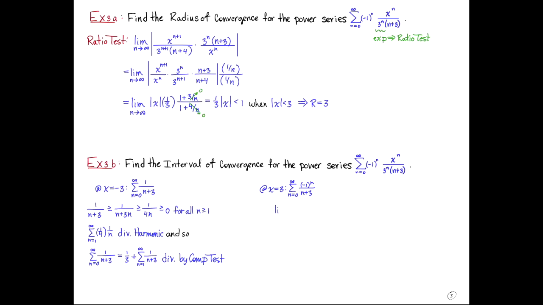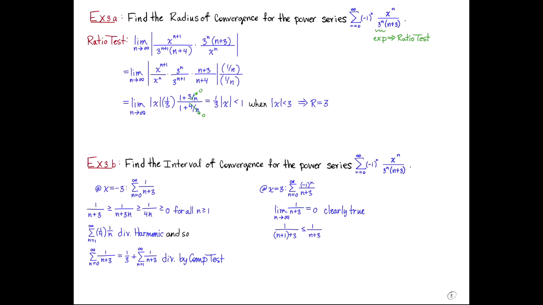The limit, as n approaches infinity, of 1 over n plus 3 is equal to 0. This is clearly true, since we have a 1 in the numerator, and 1 over n plus 1 plus 3 is less than or equal to 1 over n plus 3.